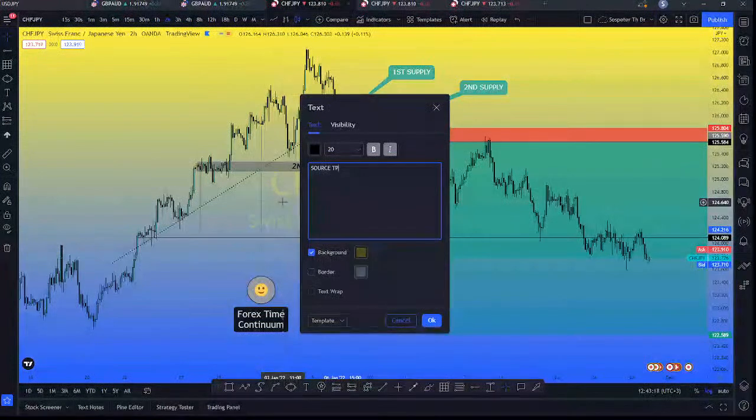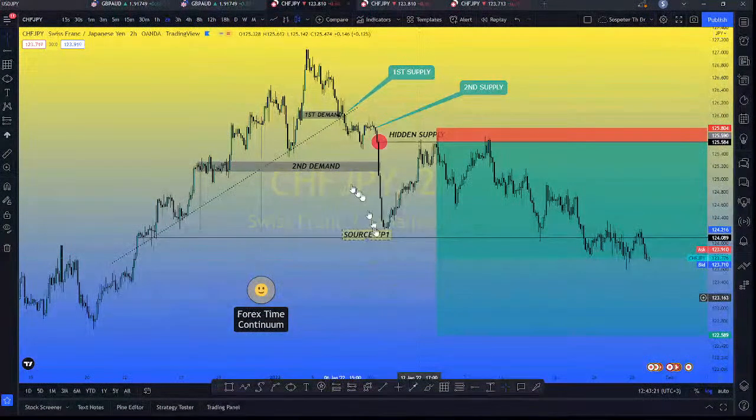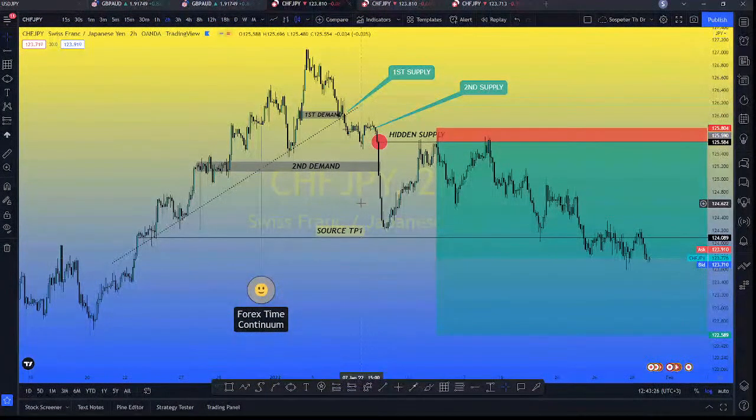Source TP1. So I think I'm going to end this video. I know I've used a lot of your time, but I know I've not wasted it. At least I've said something, I've added something to your knowledge, or maybe you knew. Because on the higher time frame, you can see a base, but on the lower there is also something, and this zone is significant.